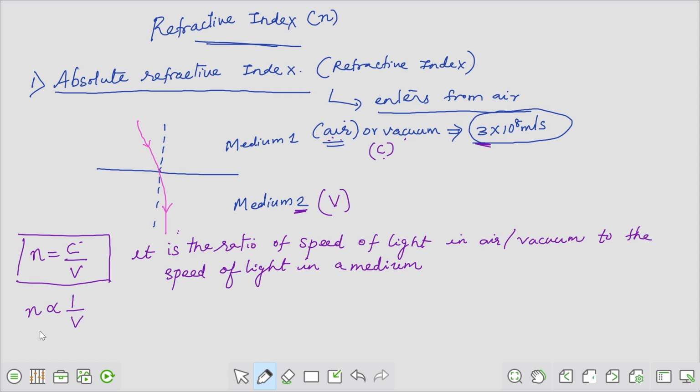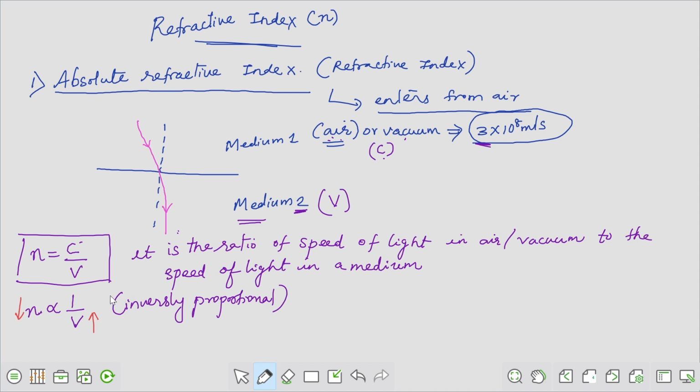What does that mean? Inversely proportional. So refractive index of the medium is inversely proportional to the speed of light. So what is your understanding about inversely proportional? If speed of light in a medium is more, what does it mean? Refractive index is less. When I say refractive index less, what does that mean? Very good.